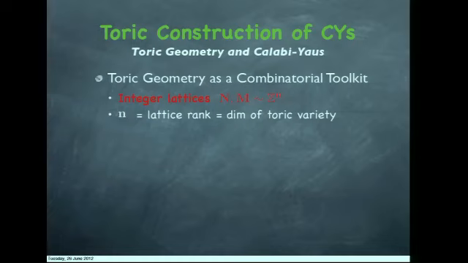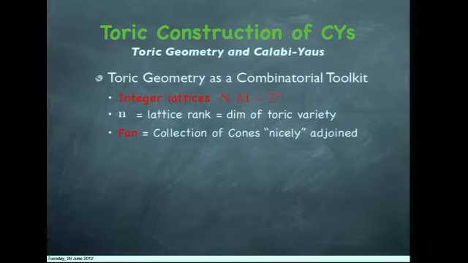So we basically imagine two auxiliary lattices of rank small n dual to each other via the natural inner product. And here, this rank small n turns out to be equal to the complex dimension of the toric variety described by the toric data. So we define a fan as a collection of cones in this lattice N, nicely adjoined with one another.